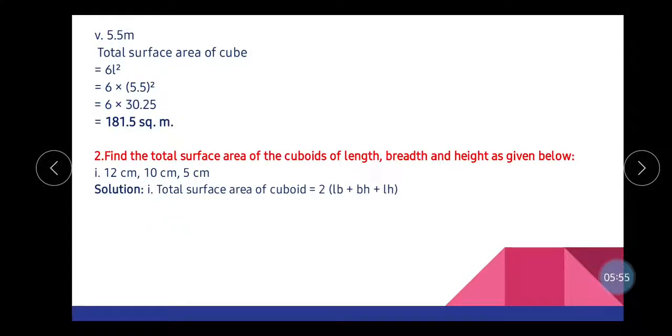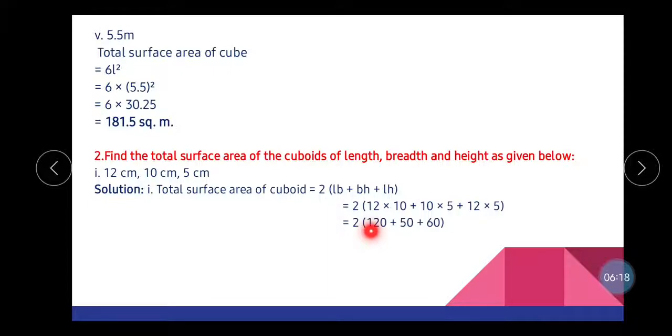So we'll write our formula. Total surface area of cuboid is equal to 2 into (LB plus BH plus LH). Substituting the values, we get 2 into (12 into 10 plus 10 into 5 plus 12 into 5). First we will be solving the bracket. So 2 we will write as it is.